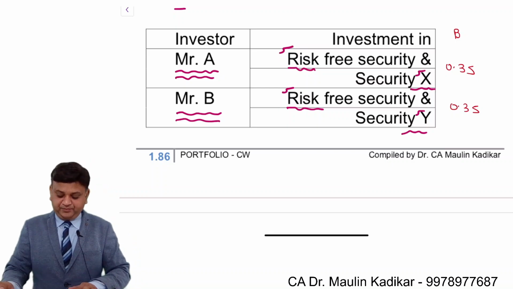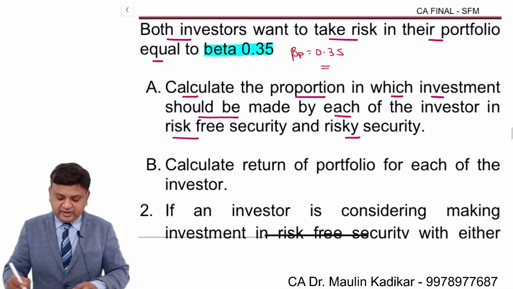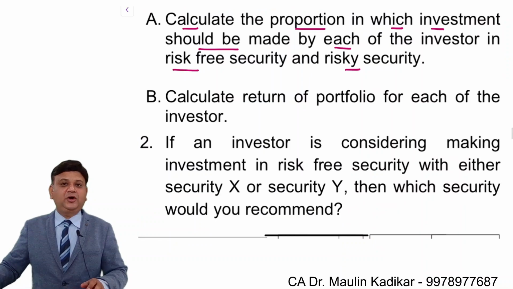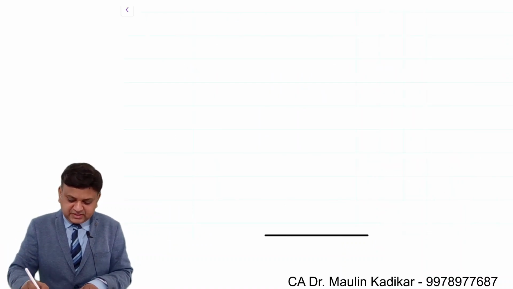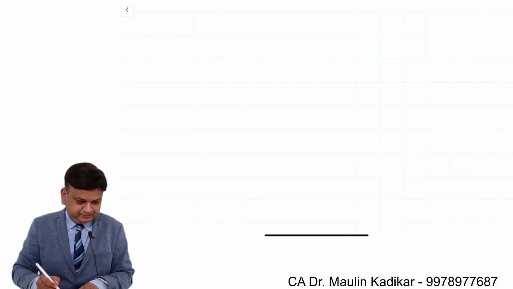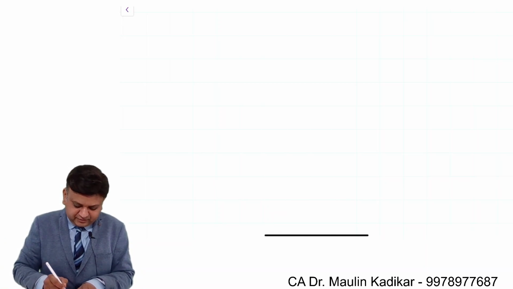This is the way we are required to make the calculation of the answer of the A part of the question. Now, please write an answer for the A part, that is the first part of the question.